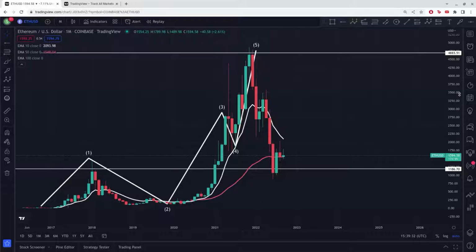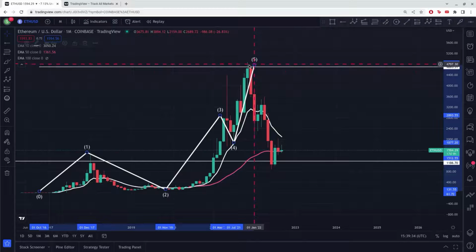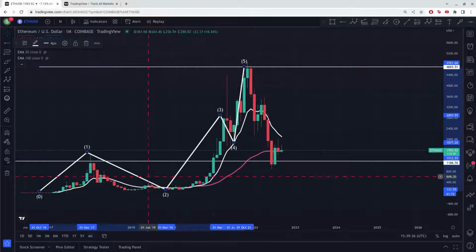So what we have right now is we've completed the five-wave pattern, which is the trending market in the direction of the uptrend. What happens next are two possibilities, which could either be a retracement or a reversal.